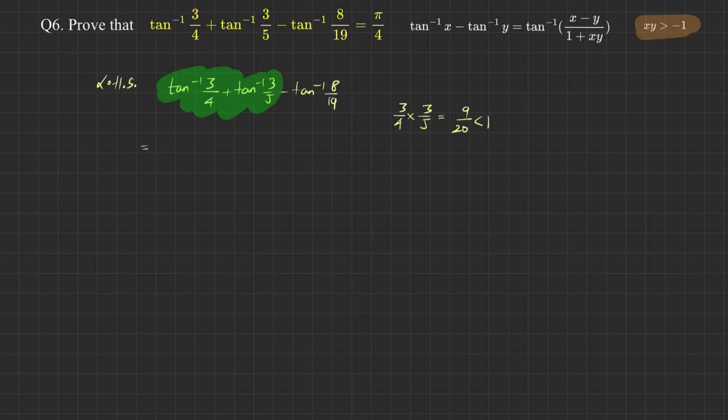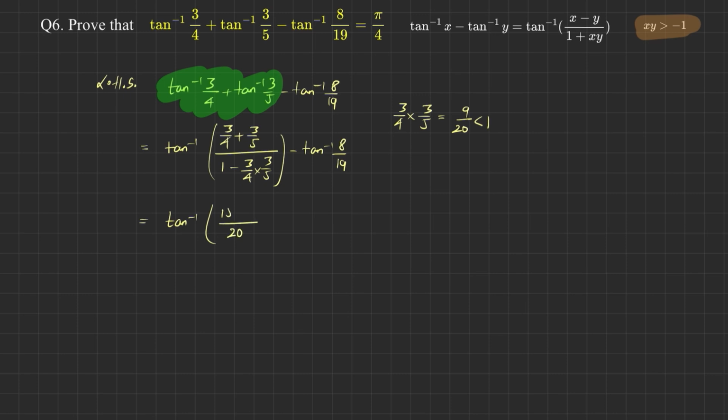So it will be tan inverse of (x plus y), that is (3 over 4 plus 3 over 5) whole divided by (1 minus 3 over 4 times 3 over 5), minus tan inverse of 8 over 19. This equals tan inverse of, so the LCM will be 20.